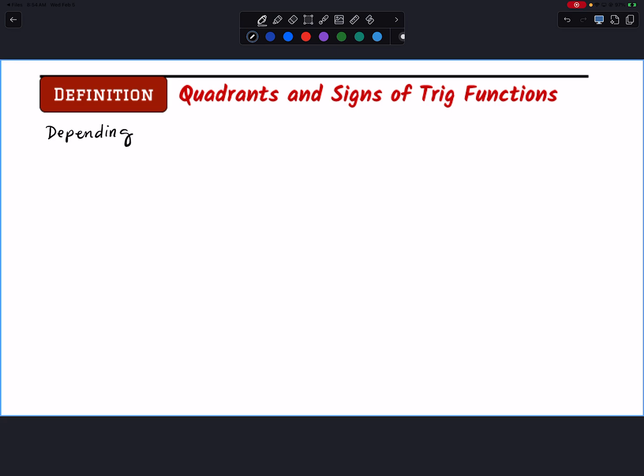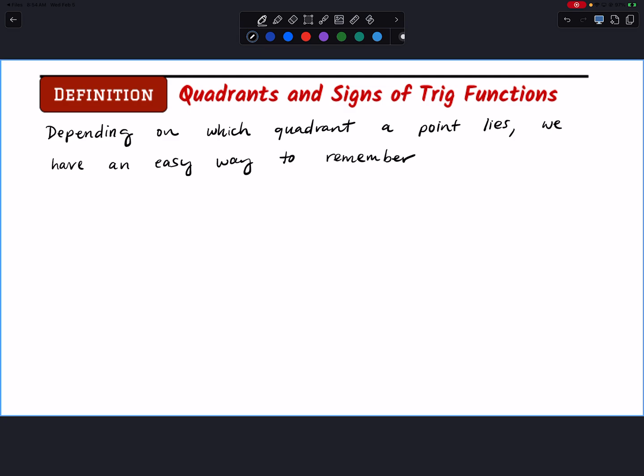So depending on which quadrant a point lies, we have an easy way to remember the correct sign, S-I-G-N, not S-I-N, sign of all 6 trig functions.